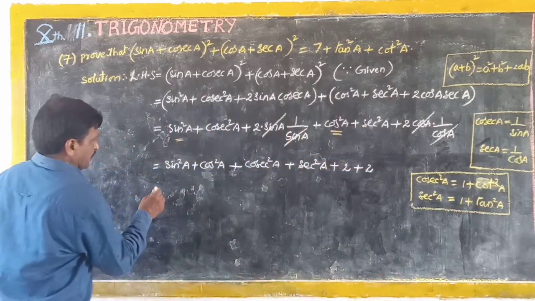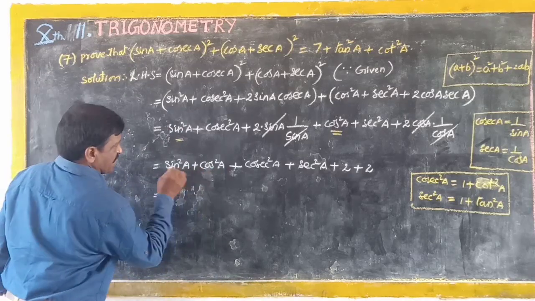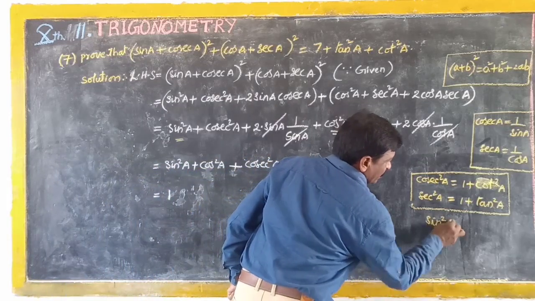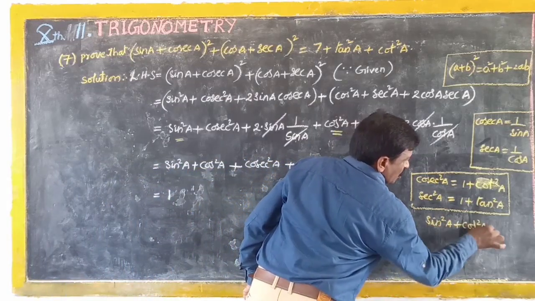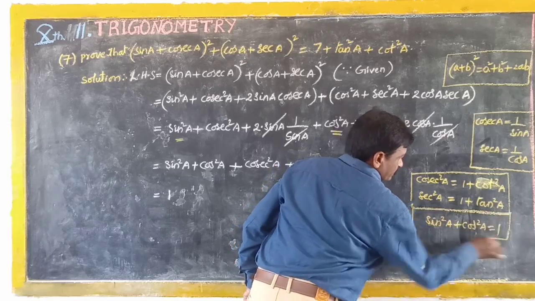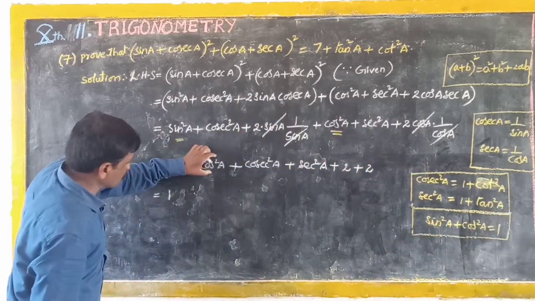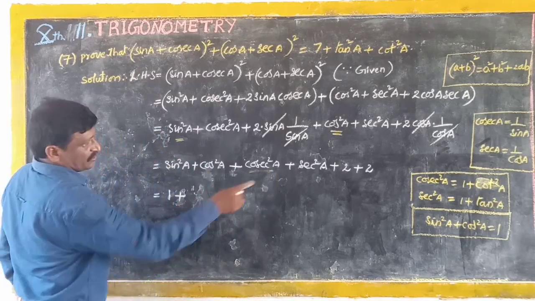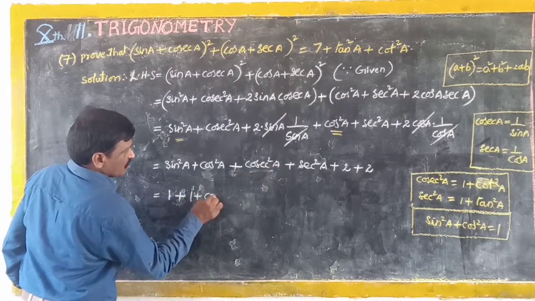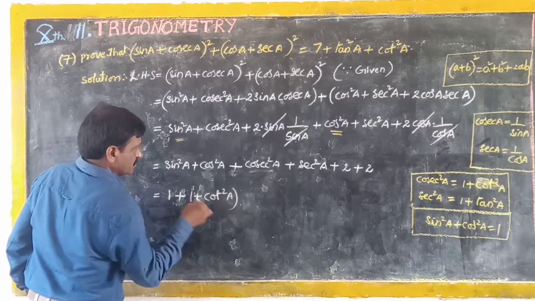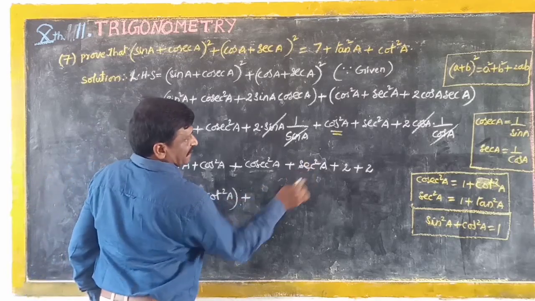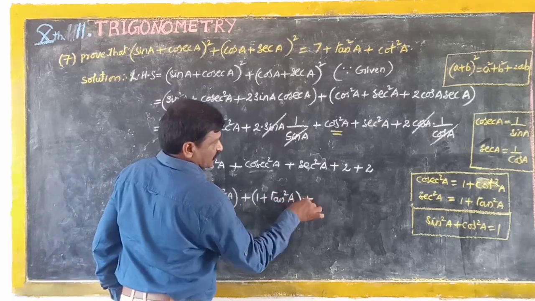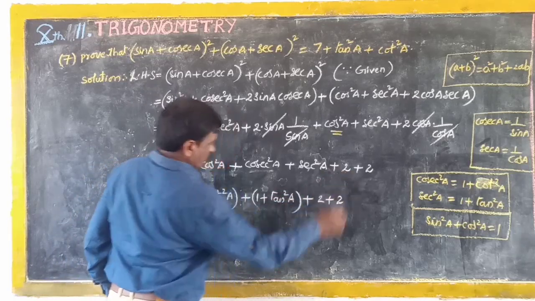Now apply this equation. sin²a plus cos²a is equal to 1, as well as sin²a plus cos²a is equal to 1. So 1 plus cosec²a means 1 plus cot²a, plus sec²a means 1 plus tan²a, plus 2 plus 2.